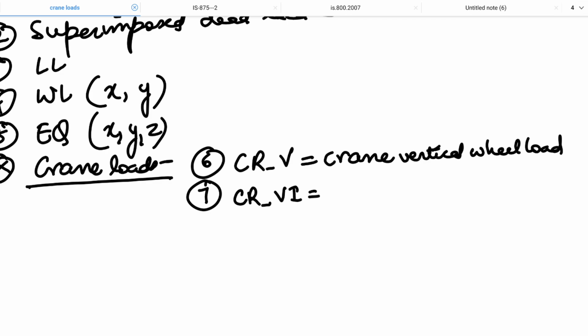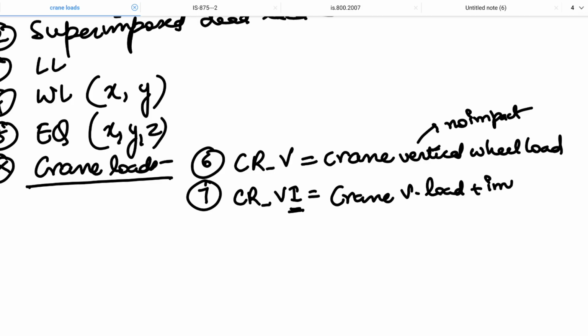Here in CRV, there is no impact considered. Here I stands for impact load. So here we have crane vertical load plus impact.